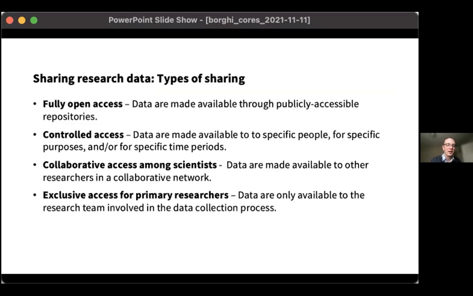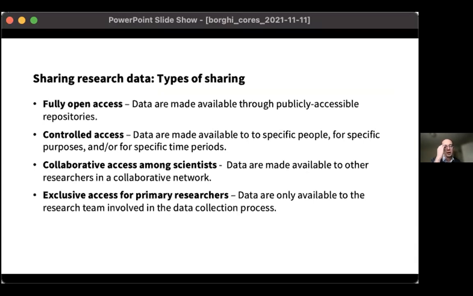Okay. And again, there's different types of sharing for sharing data. The one that I think springs to mind the most immediately when we talk about research data sharing is fully open access data sharing. So data are made available through a repository that is publicly accessible.